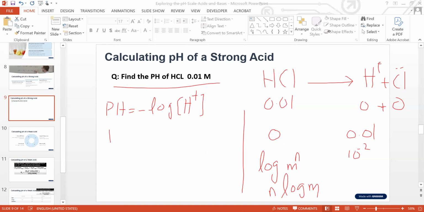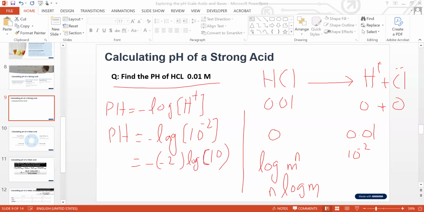It means the pH is minus log of 10 raised to power minus 2, which can be written as minus minus 2 log of 10. Now this negative sign is going to cancel out, so it will become 2 log of 10, and log of 10 is 1. So its pH would be 2.